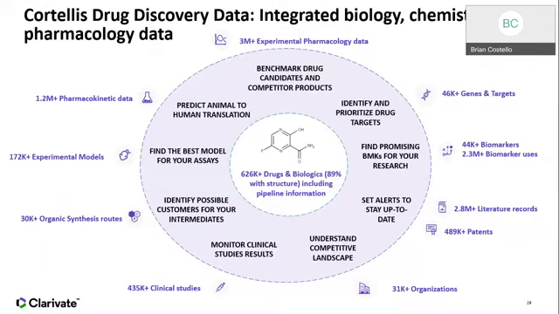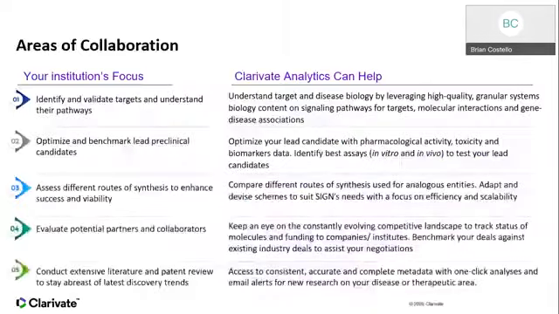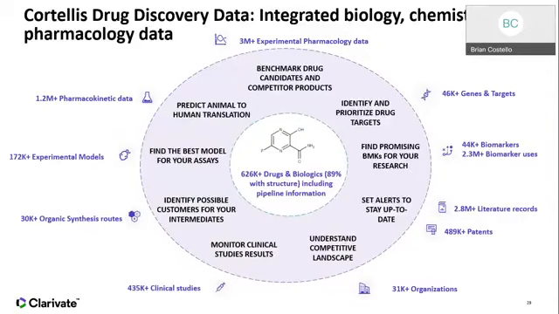So I am working on some compound in my lab, and I have my own data with regards to, let's say, toxicity, with regards to enzyme inhibition, etc. How does that data compare to the best in class? You can identify and prioritize genes and targets. So all this information is there in one integrated database called Cortellis Drug Discovery Intelligence.